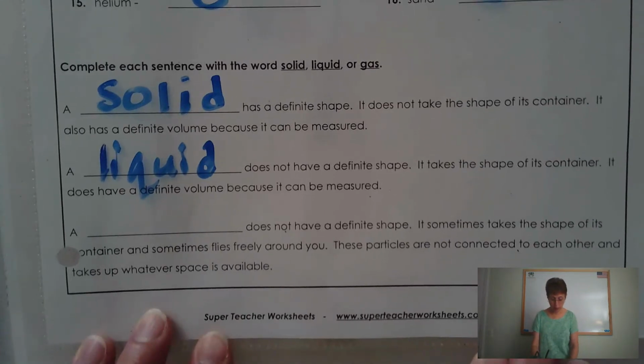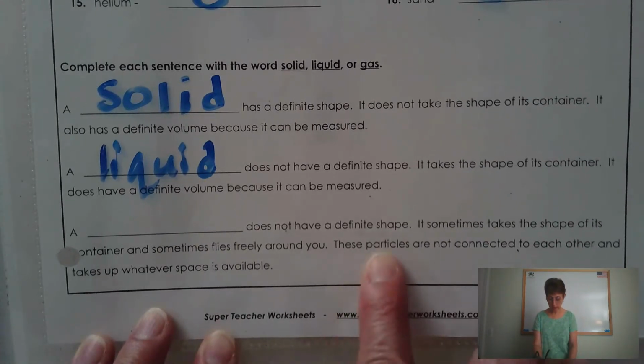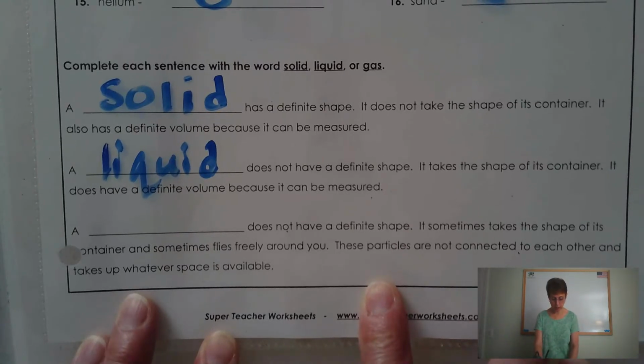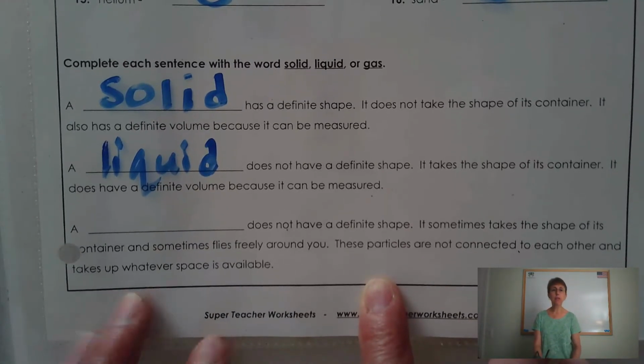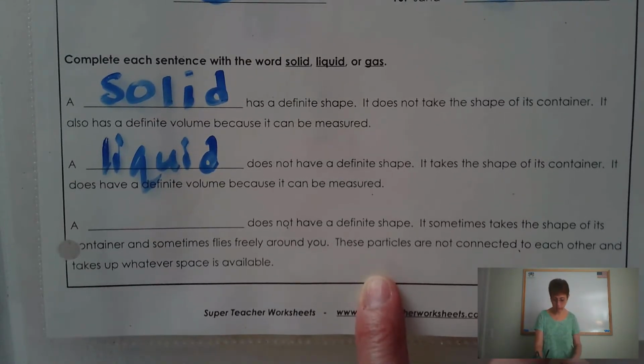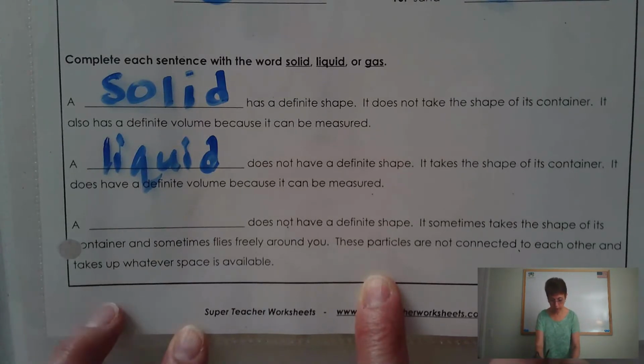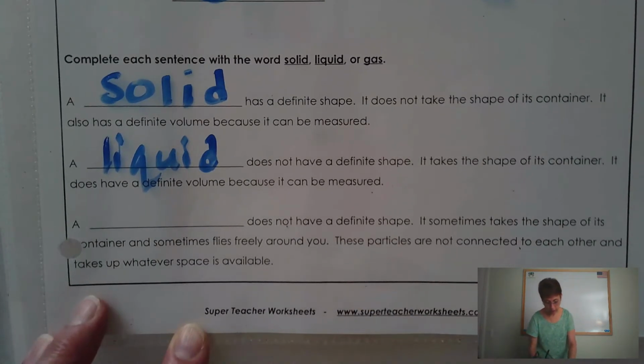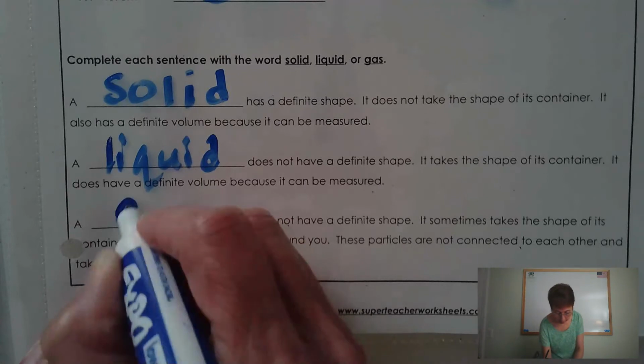So it does take the shape of the container that you pour it into. Okay, and then the last one, a blank does not have a definite shape. It sometimes takes the shape of its container and sometimes flies freely around you. Well, you know that's definitely a gas because there are gases around us. These particles are not connected to each other and they take up whatever space is available.